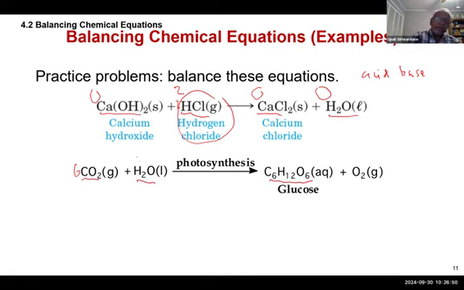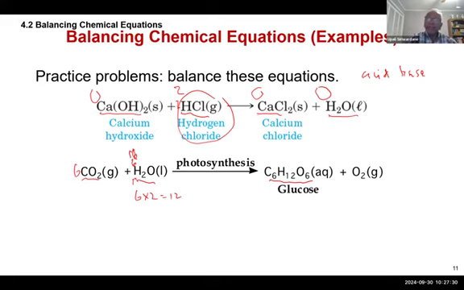That makes 12 hydrogens here. I'm sorry, 6. Why 6? 6 times 2 hydrogen is equal to 12. So 6 should be the stoichiometric coefficient in front of water.